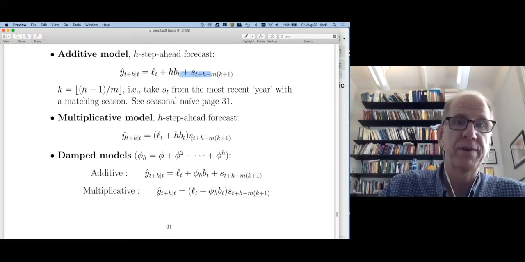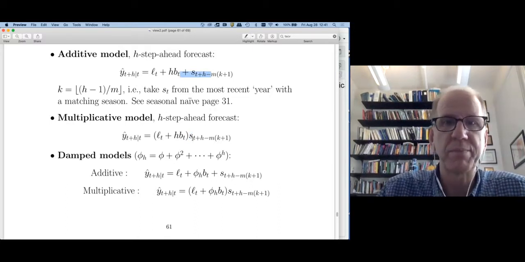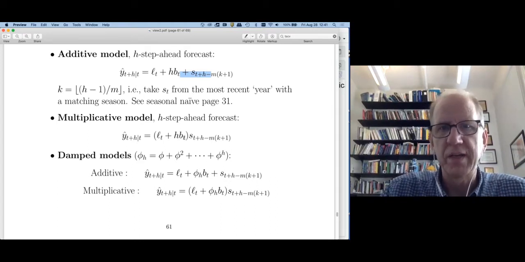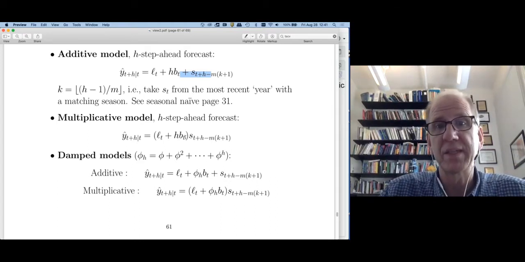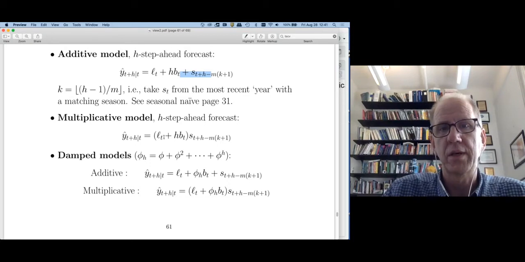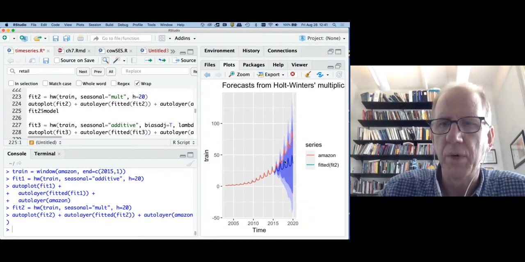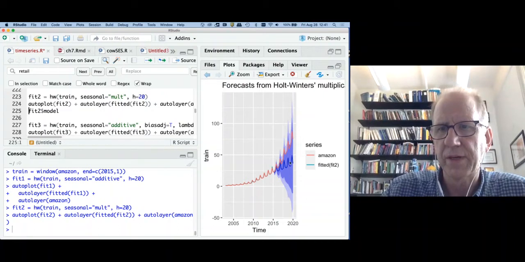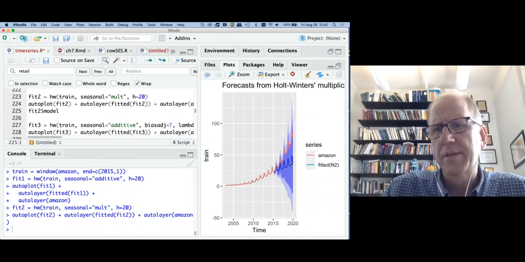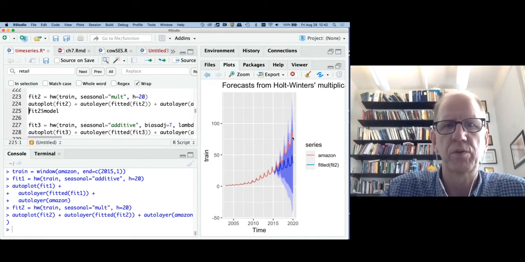And so if the seasonal effect is, say, increased by 20% in December, an increase of 20% in December means a lot more when this trend plus level part is high than when it is low. That's why the multiplicative seasonal effect allows for the amplitude to increase over time. The fit is still very poor because we've missed the exponential growth.